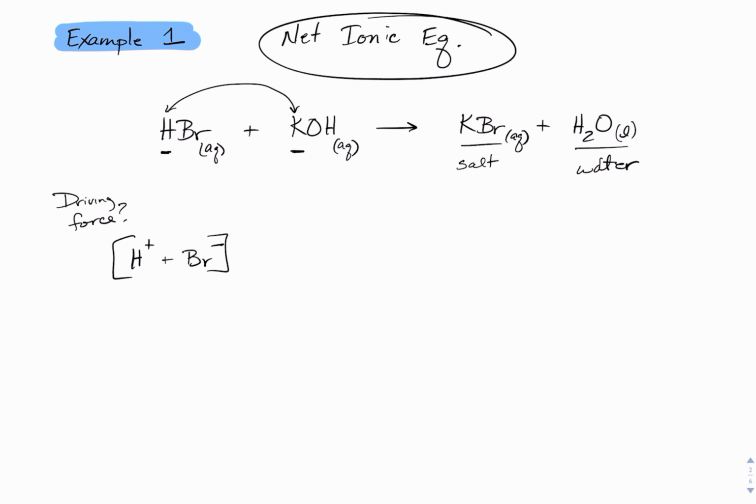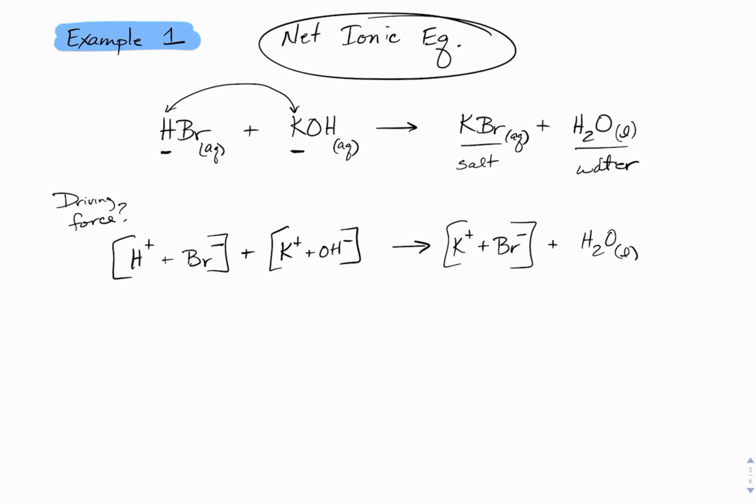This was balanced to begin with, and so we're just going to go ahead. So the next compound, KOH, will separate into K plus OH minus and bracket. And then we have potassium bromide, K plus Br minus. And then we'll have our water. We'll write that exactly as is because it is in liquid phase.